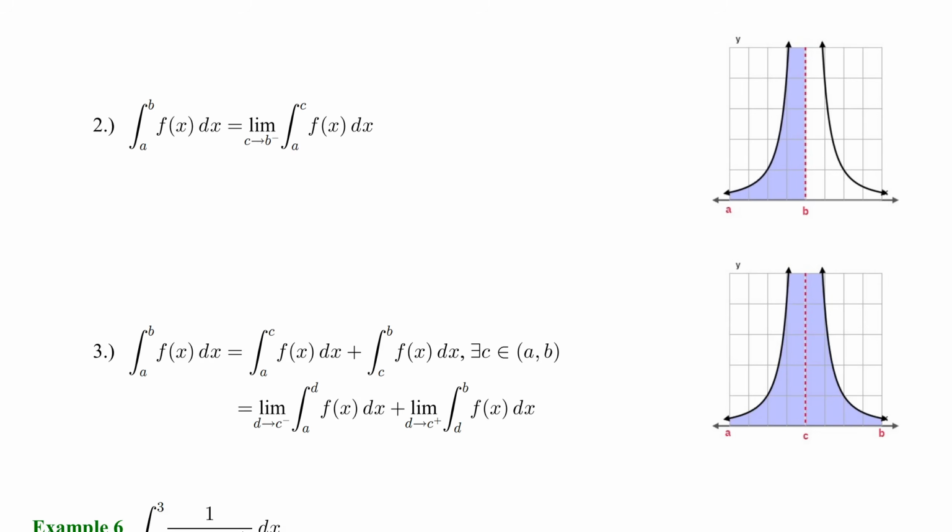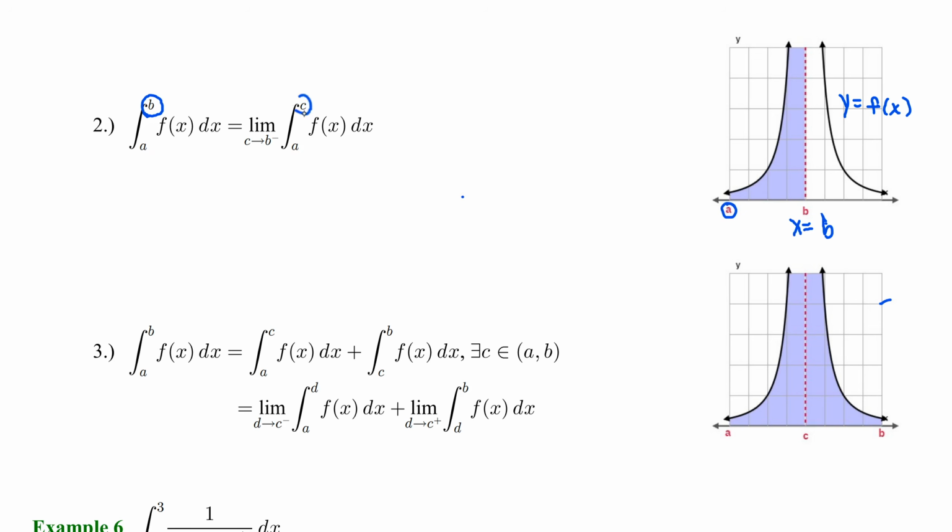Now, another thing that can happen, the vertical asymptote may occur at the upper limit of integration. So again, looking at the graph on the right, let's assume the black curve represents f of x, and there is a vertical asymptote at x equals b, or an infinite discontinuity at x equals b. And we want to find the integral from some lower limit a up to this vertical asymptote.